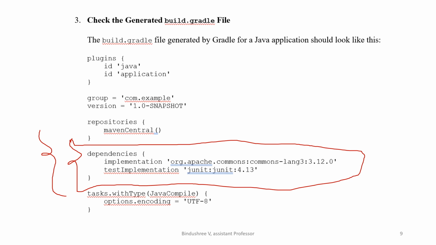You should add this dependency, which can be downloaded from this address. The test implementation means that during the implementation of your project we're going to use this tool. That's what it specifies. So after creating a project with Maven, to migrate it you should only add this one.